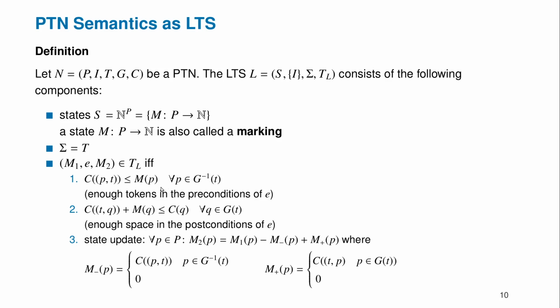For all places that are preconditions of T, it has to hold that they have enough tokens with respect to the capacity of the outgoing edge of the place. If we have a connection from P to T, then this connection has a capacity, and this capacity has to be smaller than or equal to the current number of tokens in P. So the first condition says we have enough tokens in the preconditions of T. This should be a T, so this is not an event, this is a transition.